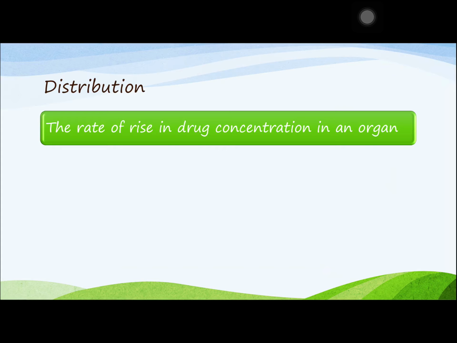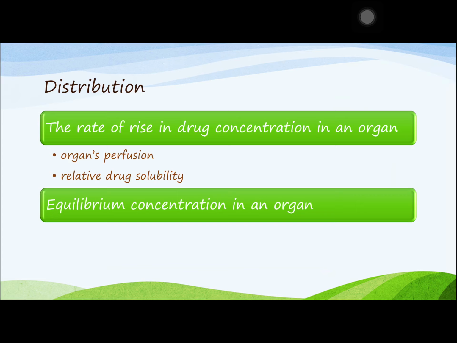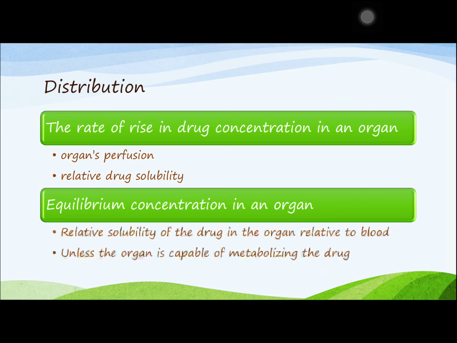The rate of rise in drug concentration in an organ is determined by the organ's perfusion and relative drug solubility compared with blood. Equilibrium concentration in an organ depends on the relative solubility in the organ relative to blood unless the organ can metabolize it.